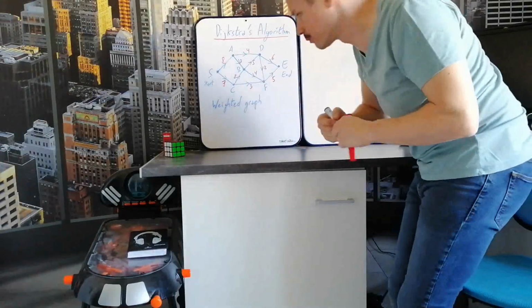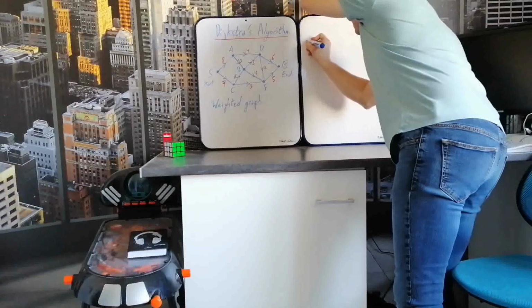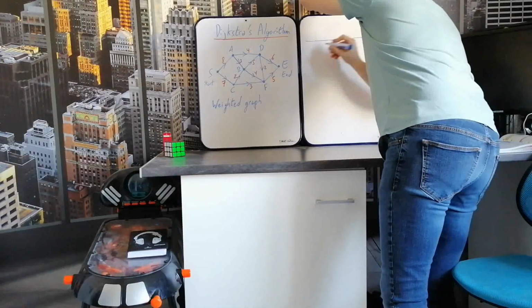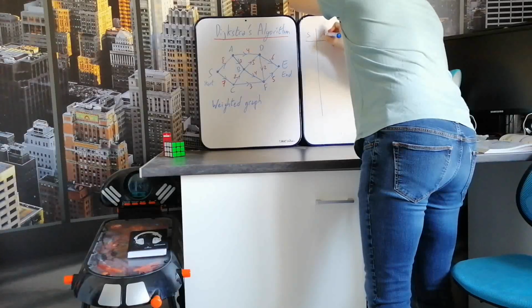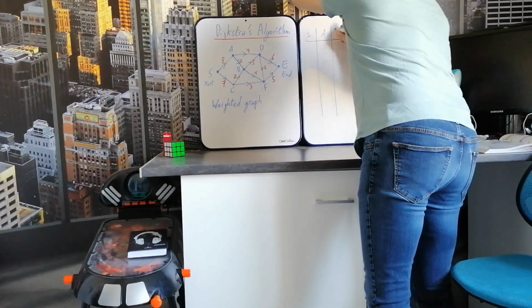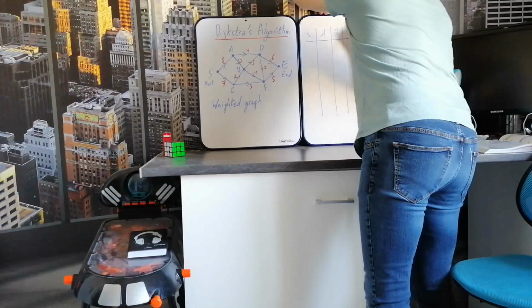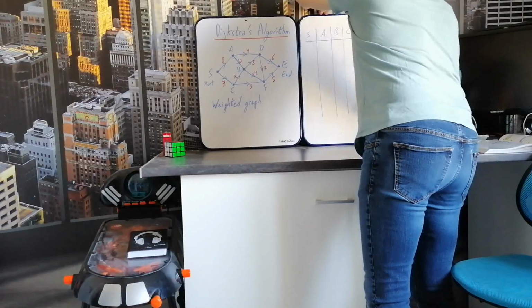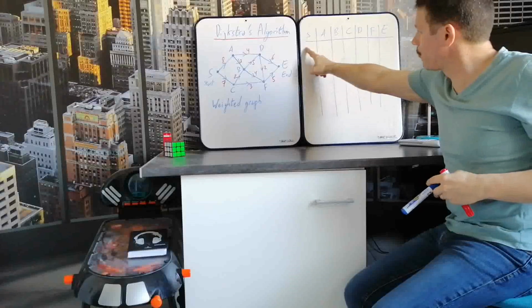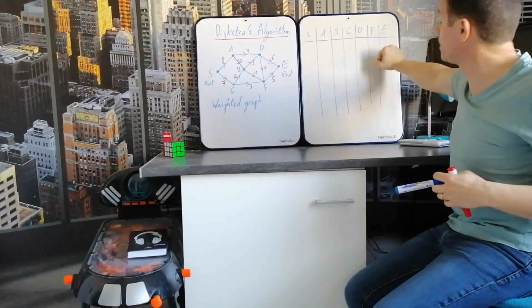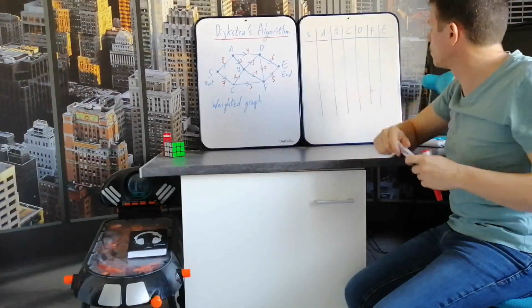We need 7 columns here: S, A, B, C, D, F, and E. I try to have the first one, the start, here, and the end here at the end of the table, for sure.